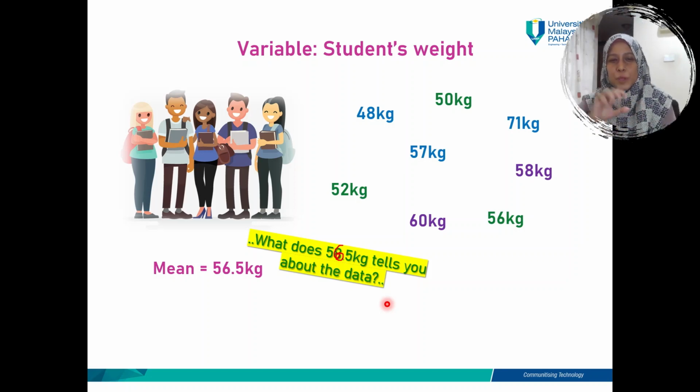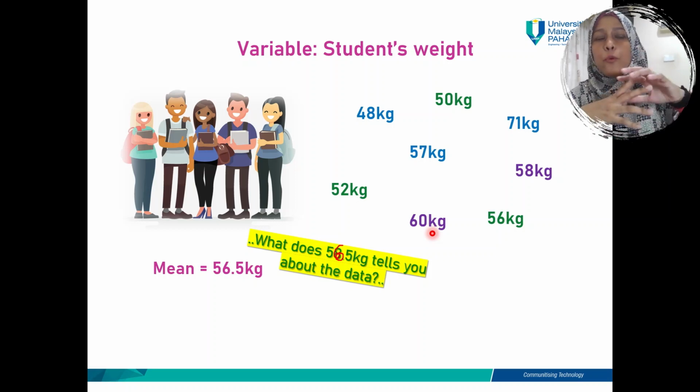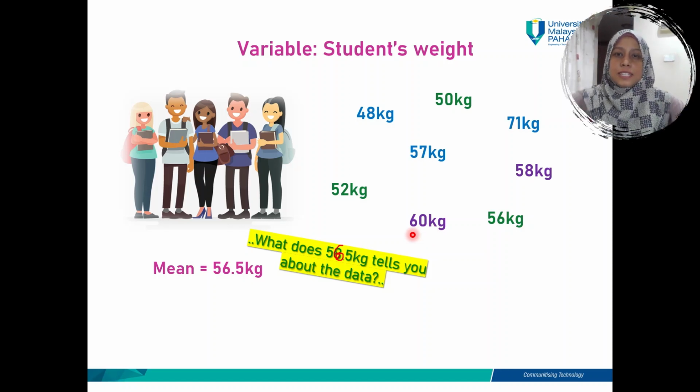So what happened here is, from having a list of data, in this case 8 data values, but in a real research scenario you will have hundreds, thousands of data values. Can you imagine that? By using mean, median, mode, and mid-range, by using measures of central tendency, you actually summarize this whole list of data values.